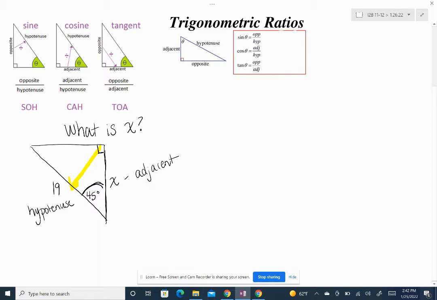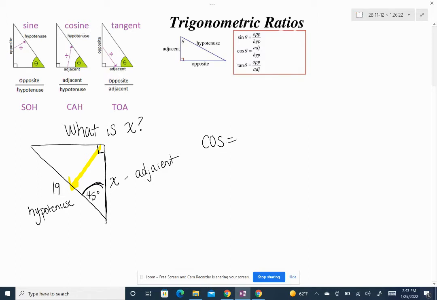So we need to figure out what has adjacent, what has hypotenuse. So if I take a look at my different ones, this is opposite hypotenuse, not going to use it. Adjacent hypotenuse, that would work. Opposite adjacent, no. I have an adjacent side, I have a hypotenuse side, so I'm going to use that. So I can set this up as, I already know that a cosine, and it's spelled fully out like this, but we use COS for abbreviation.